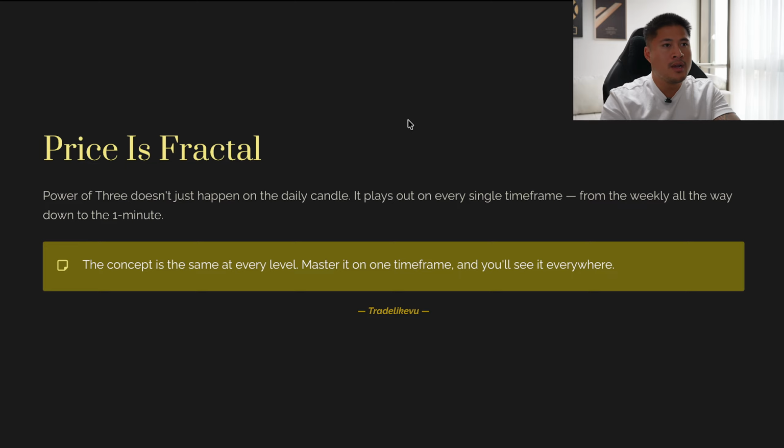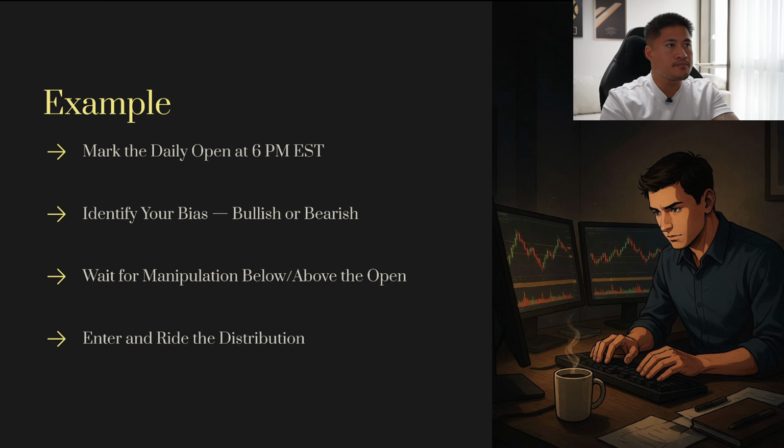And as I told you before, the power of three concept, or any concept that you can think of, plays out on every single time frame. So let's have a look at an example. You simply go onto the charts, you mark the previous daily open at 6 p.m. Eastern Standard Time, and you draw in a horizontal line. Then you identify your bias.